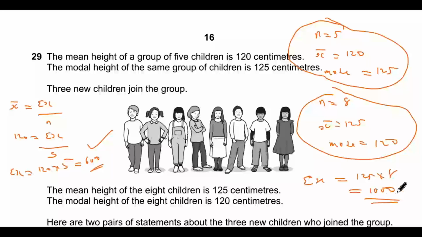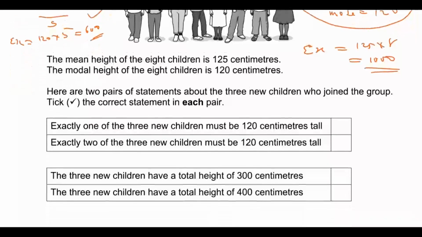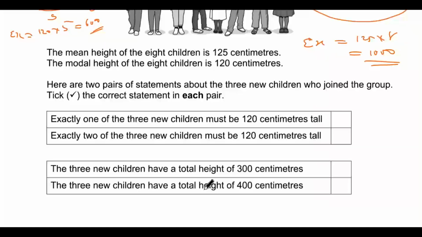That is 1,000 minus 600. That will be 400. So let's come here. The 3 new children have a total height of 400 centimeters. This will be correct. For the second one, exactly one of the 3 new children must be 120 centimeters tall. Exactly 2 of the 3 new children must be 120 centimeters tall.